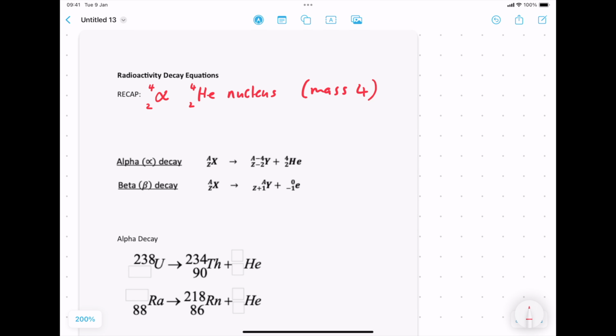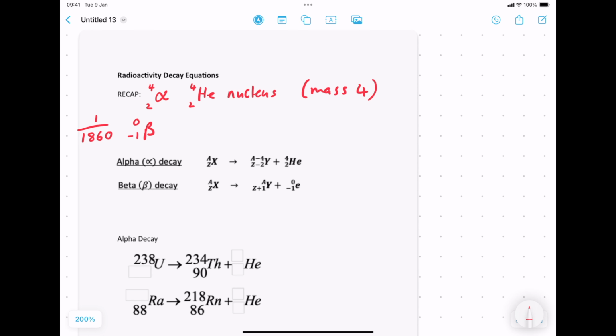Then we have a beta particle, which has a -1 charge and is given an approximate mass of 0, even though it's roughly a relative mass of 1/1860. For the purposes of writing these simplified decay equations, it's given a mass of 0. And it's referred to as a fast moving electron, hence the -1 charge.